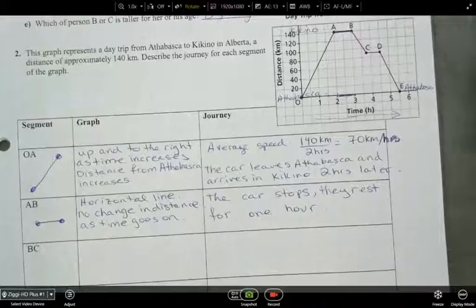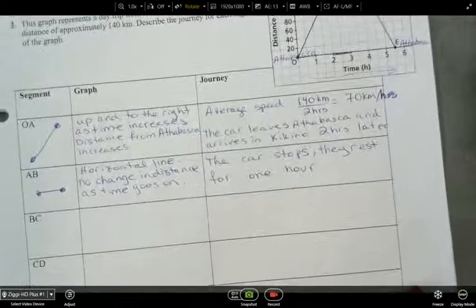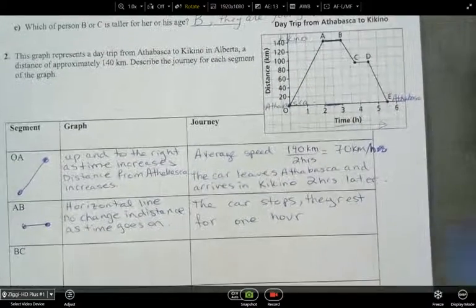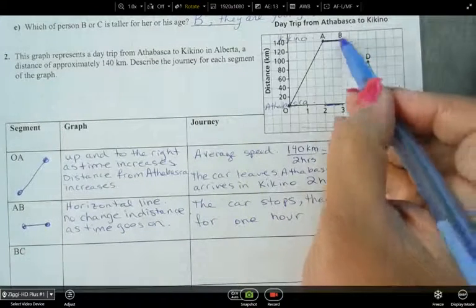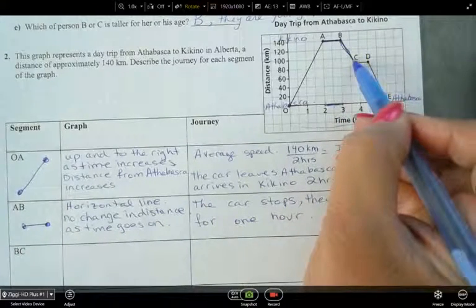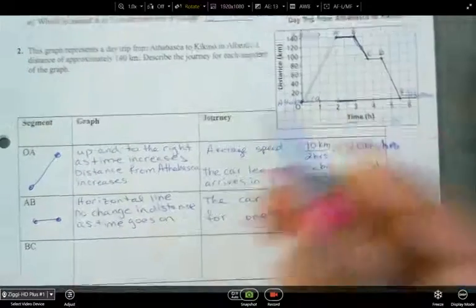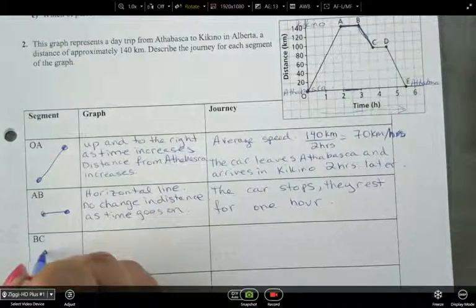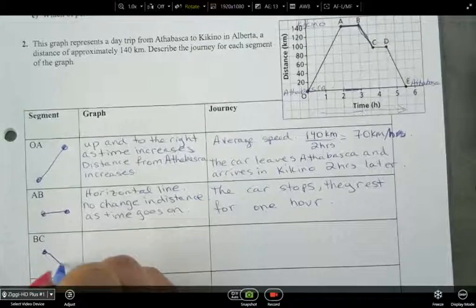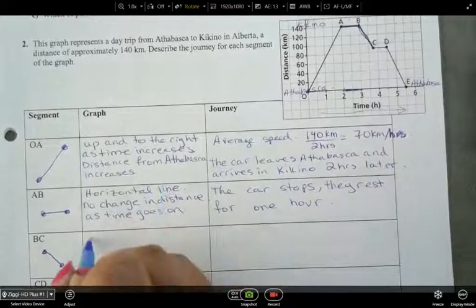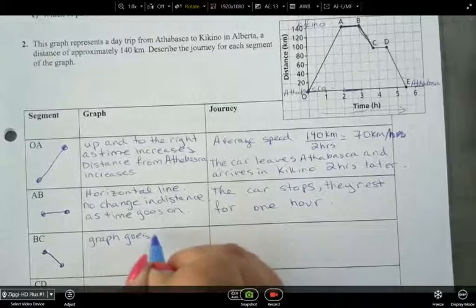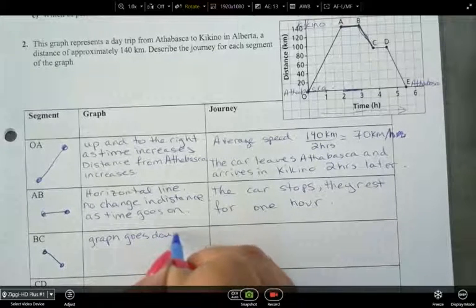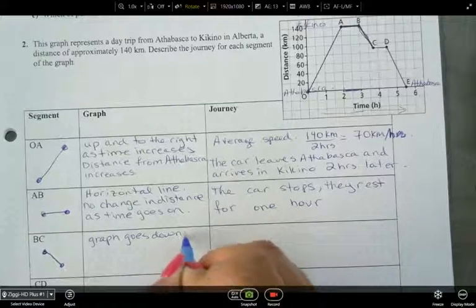All right, and now in segment BC, let's have a look at BC. What's happening? Where are they going? Where do you think they're going? Back towards where? Going back towards Athabasca. So now, what's happening? So the graph goes down to the right.